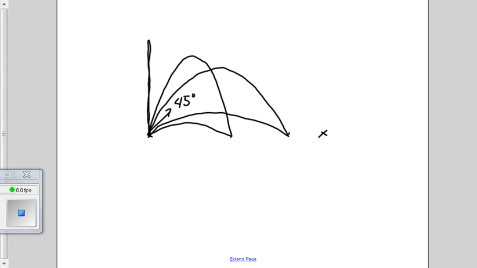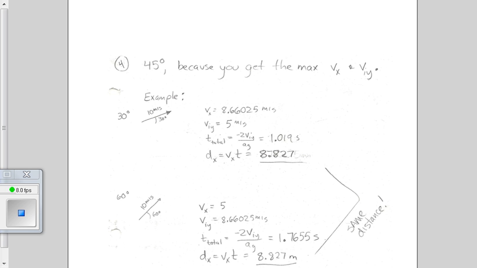Now, you can calculate this and prove it to yourself. Let's take a look at an example that we did at 30 degrees and at 60 degrees. The answer, of course, is that at 45 degrees, you get the maximum amount of Vx and Viy.